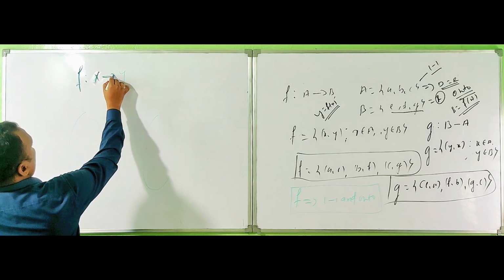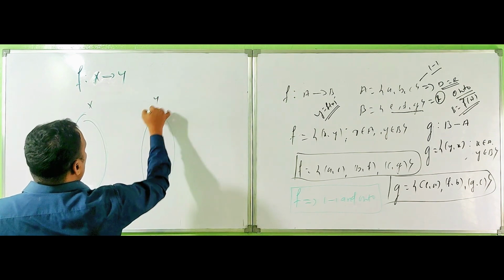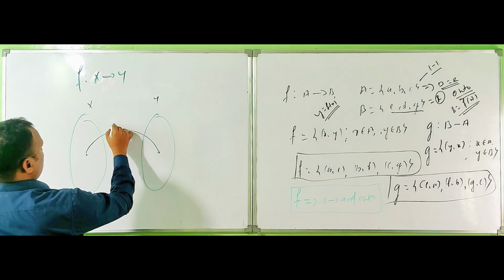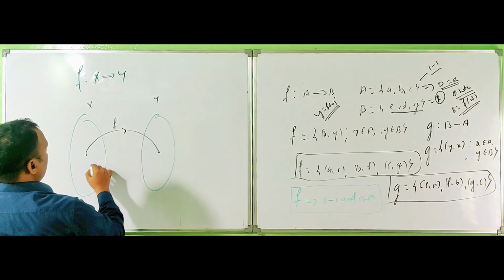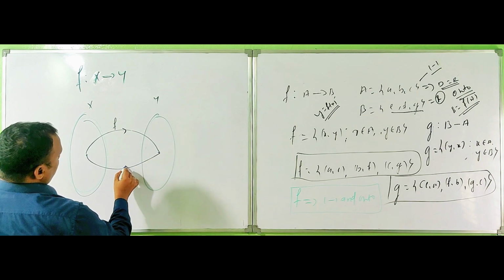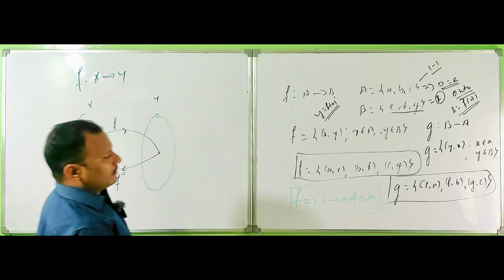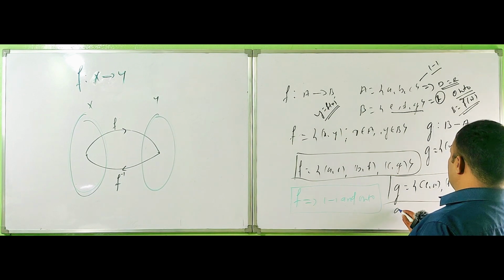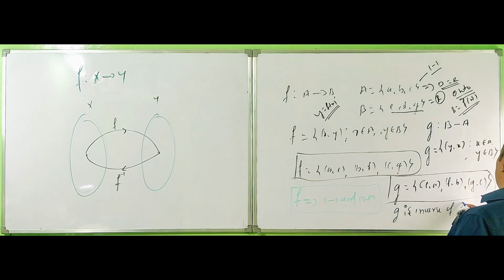A function from X to Y. This is X, this is Y, this is the domain. This is the function of X to Y, and this is the circle. And again, I am making this side. See the symbol of the function: this is f inverse, and this is the reversible. This g is the inverse of f, that is f inverse.